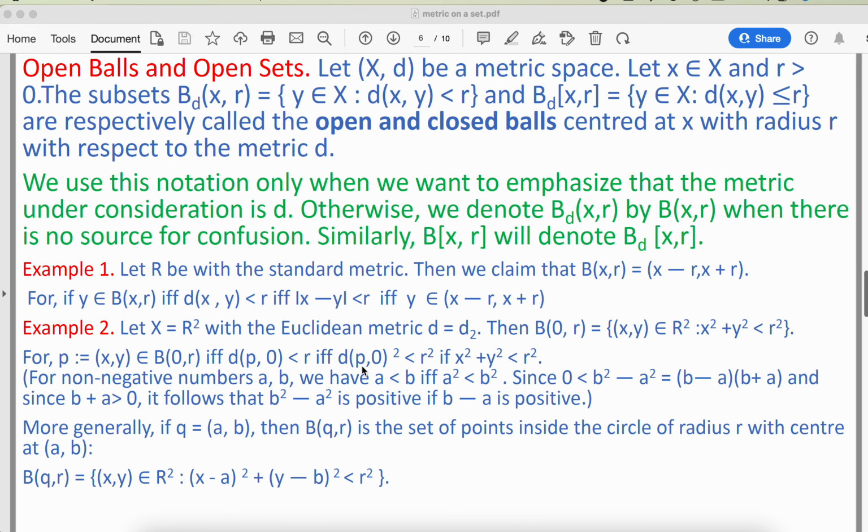The distance of (x, y) from (0, 0) with respect to the Euclidean metric is nothing but (x minus 0) whole squared plus (y minus 0) whole squared, and it is already squared, so the square root will go. So (x minus 0) squared plus (y minus 0) squared is less than R squared. We have applied the simple distance formula here. So it is x squared plus y squared less than R squared.